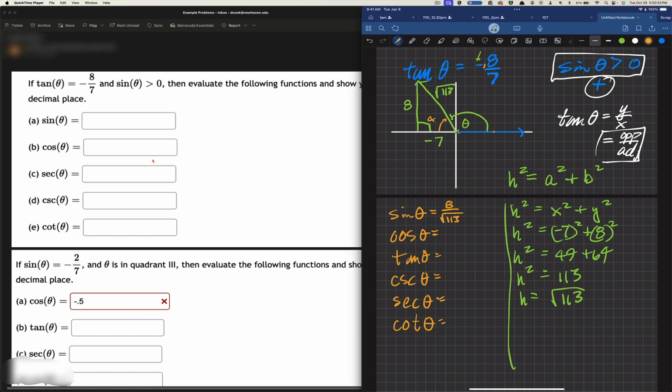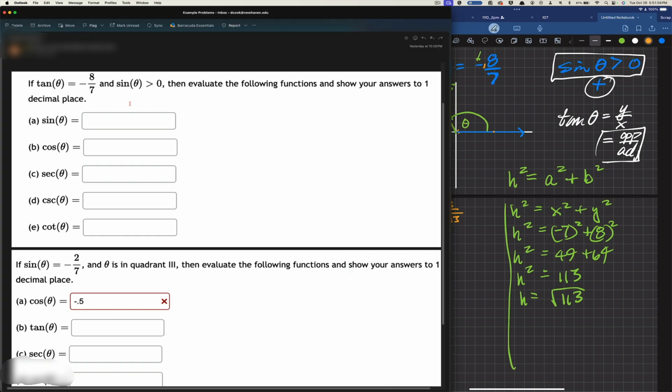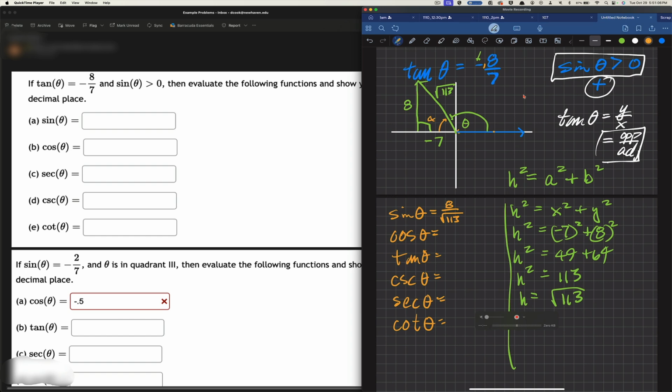You could enter 8 divided by the square root of 113 in many problems. This one, because of the way it was written, wants you to round your answers to 1 decimal place. That's just weird, so we'll get a calculator out and get numbers for these.